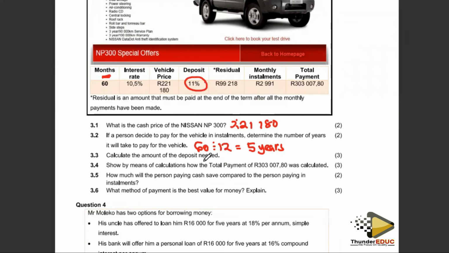So if you take the deposit needed, it will be 11 over 100 times the cash money, which is 24,329.80 cents. Deposit is that much. Okay.